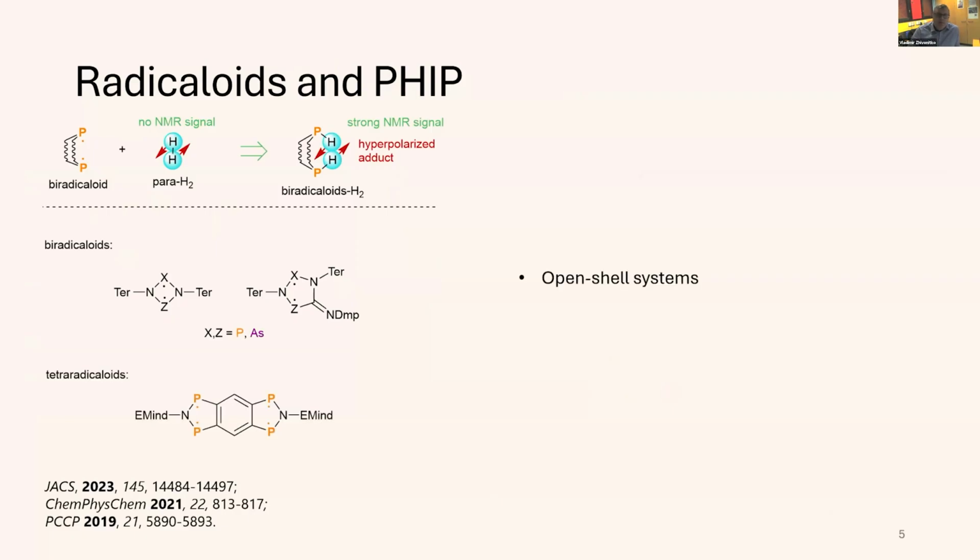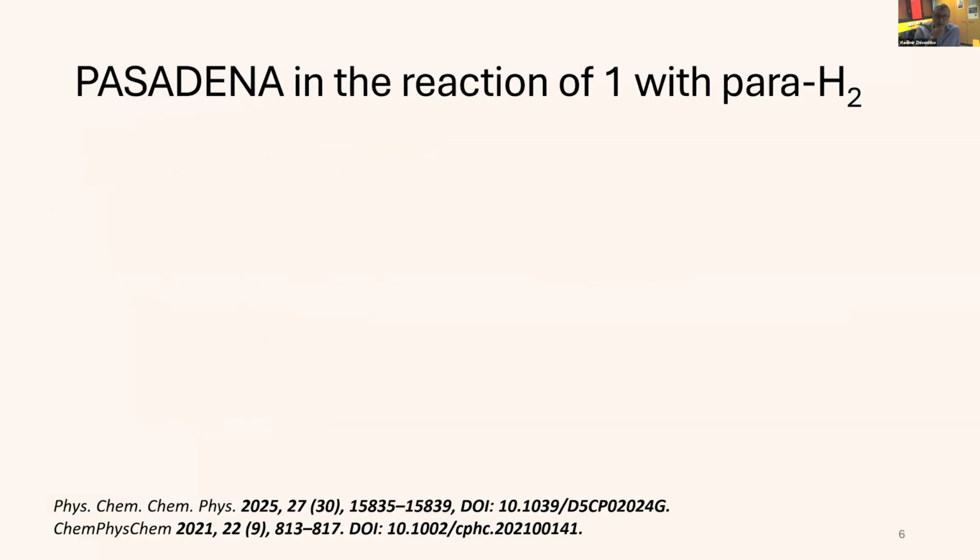All of them share a common feature. They are open shell species in which the electron spins are in singlet states. Therefore, the radical centers do not cause any deleterious effects such as line broadening in NMR. More importantly, among these species, 5-membered biradicaloids are photoactive, and that is used in the work that I will present.